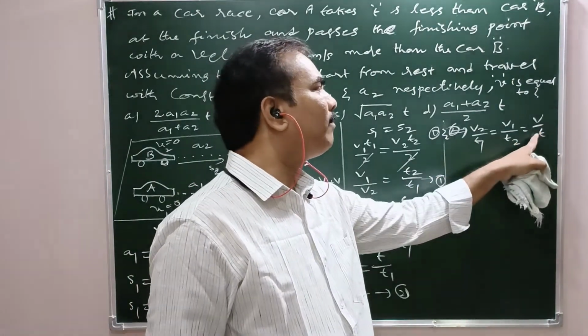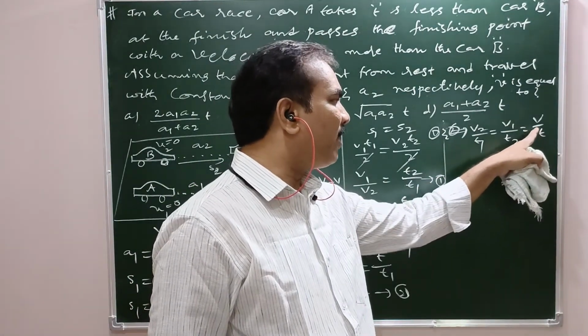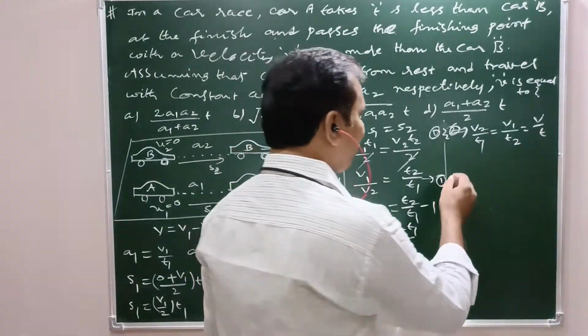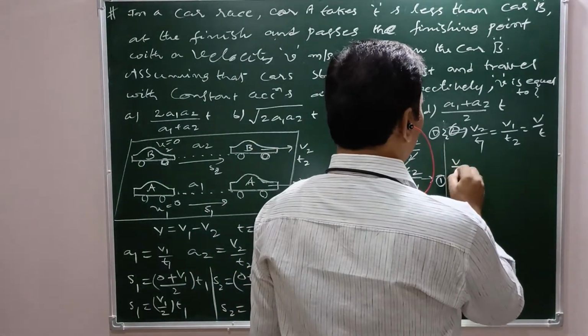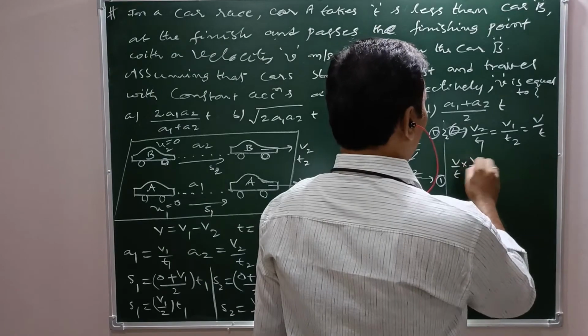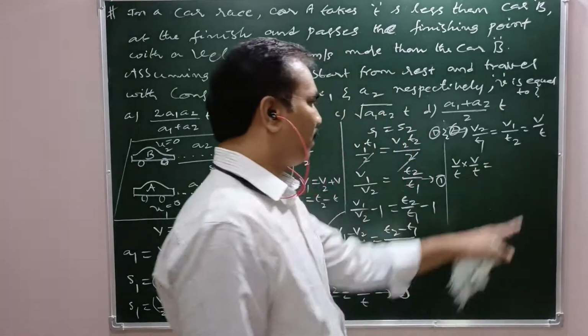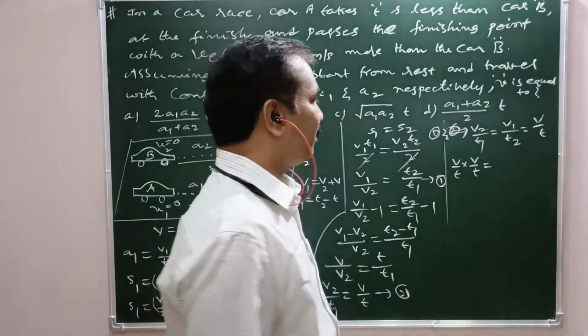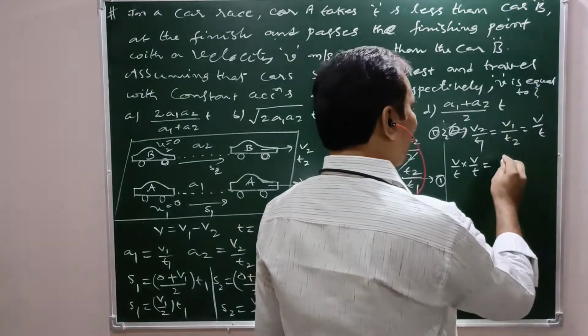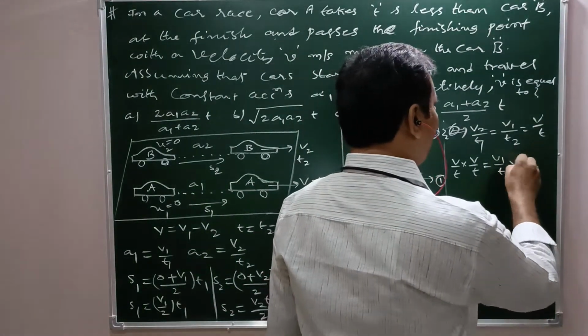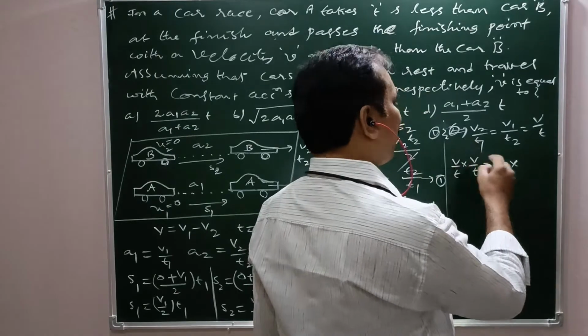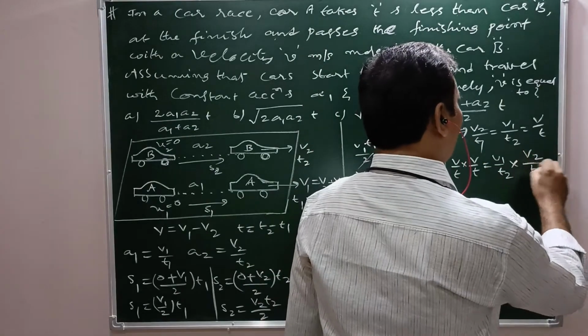If I take the product of V by T and V by T, that is equal to V by T into V by T. Take this formula, V1 by T2, and again take this formula, V2 by T1.